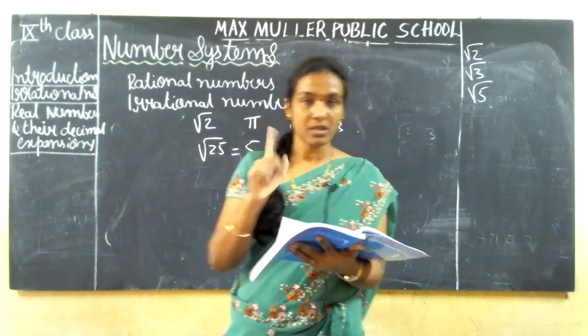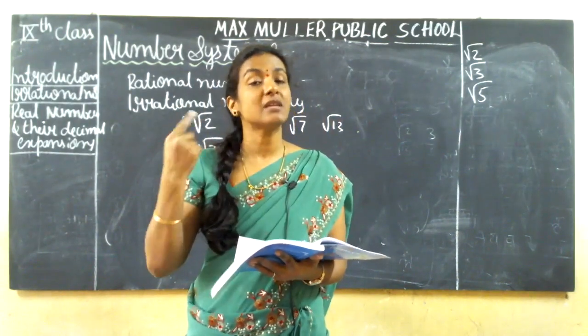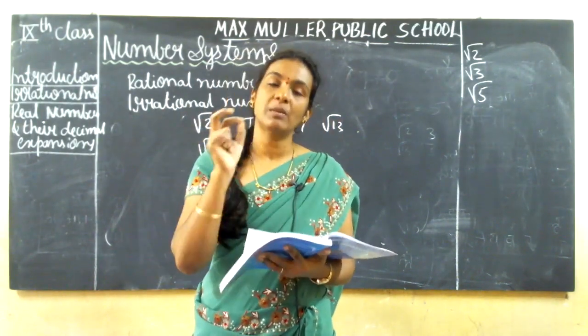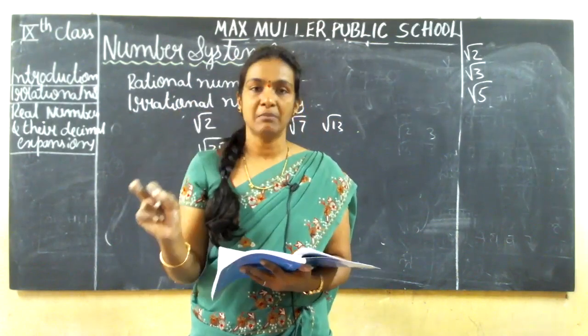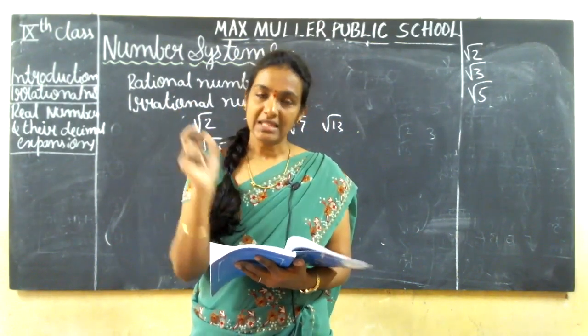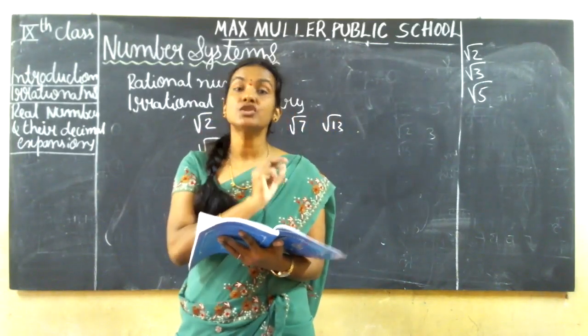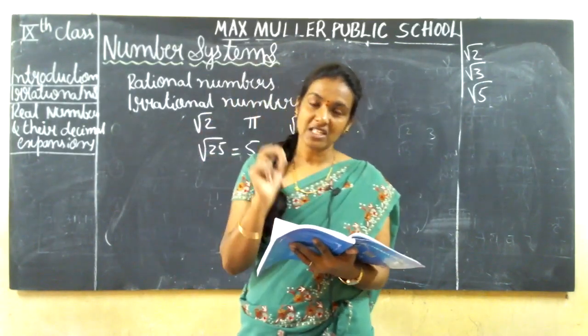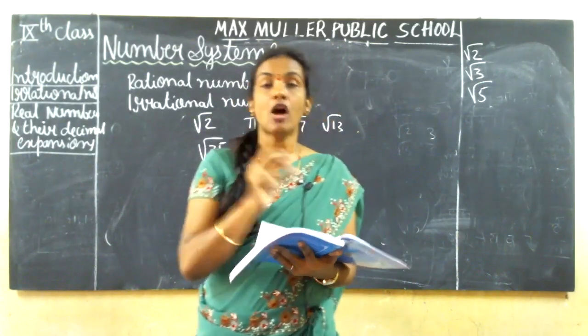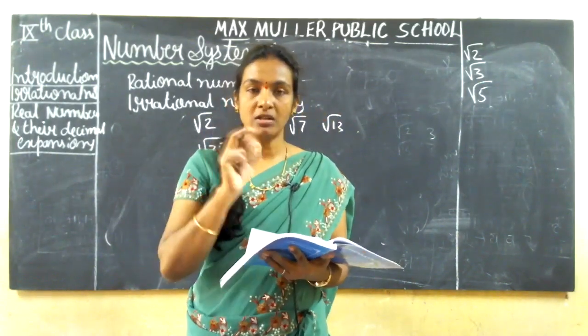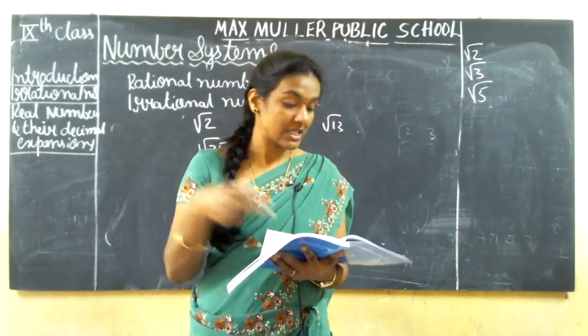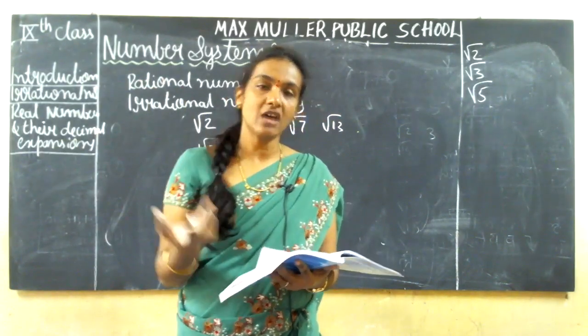One is where the remainder becomes 0. If the remainder becomes 0, then that kind of numbers you can call terminating numbers. Yes or no? If the remainder is not 0, then those are non-terminating decimals. Because you are taking decimals now, you can use the word decimals also.